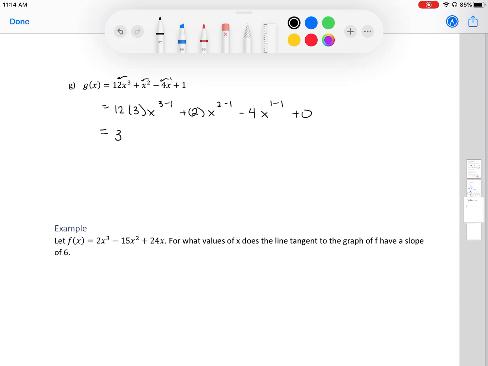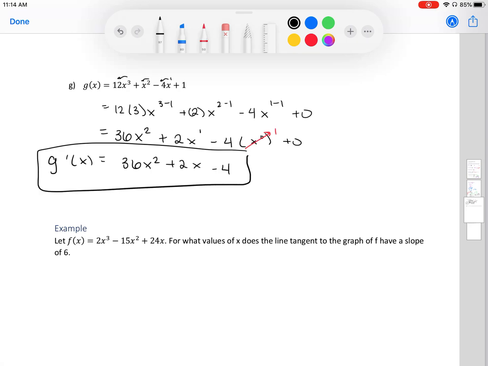So that we have 36x squared plus 2x to the 1st power minus 4 times x to the 0 power plus 0. So we have 36x squared plus 2x. And x to the 0 power, that's just 1. So we have minus 4. That's g prime of x.